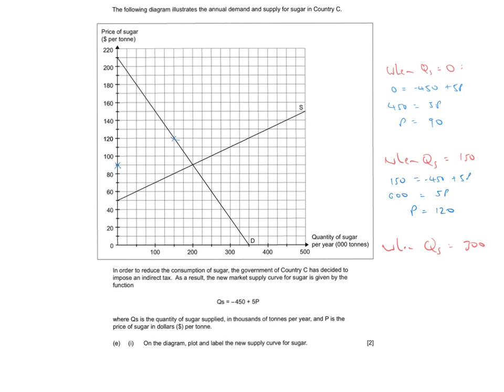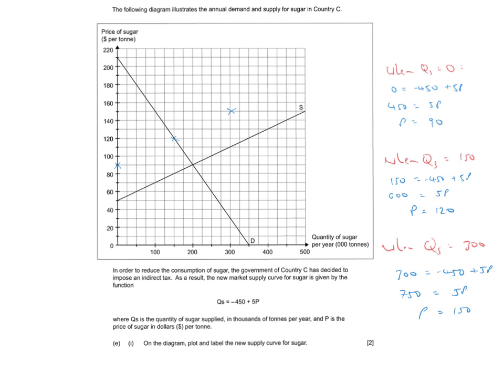And our final point, when quantity supplied equals 300, so 300 equals minus 450 plus 5p, 750 equals 5p, p equals 150, and then we just pop this also onto our diagram.